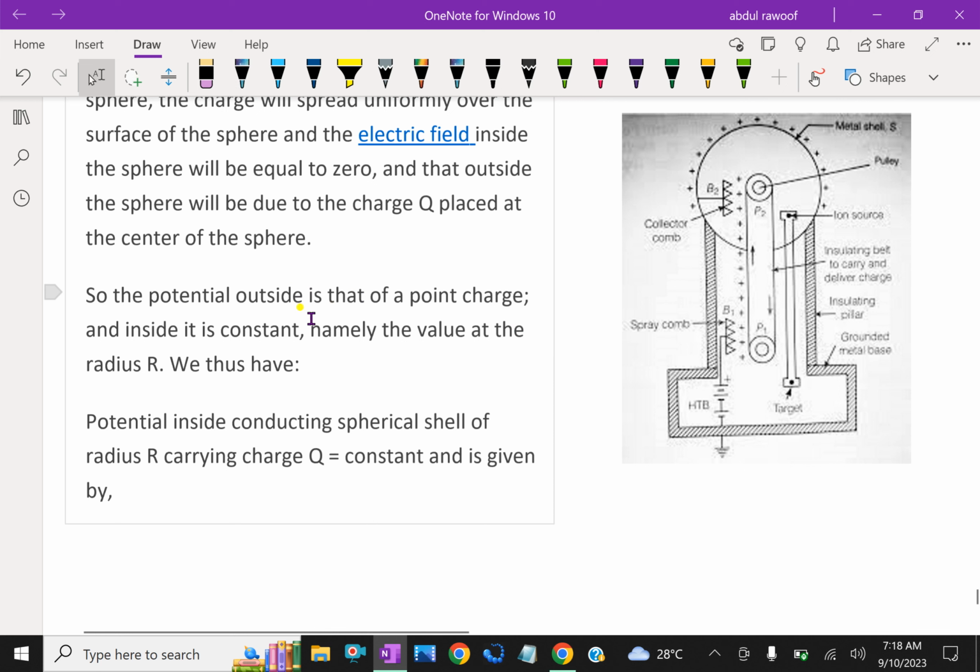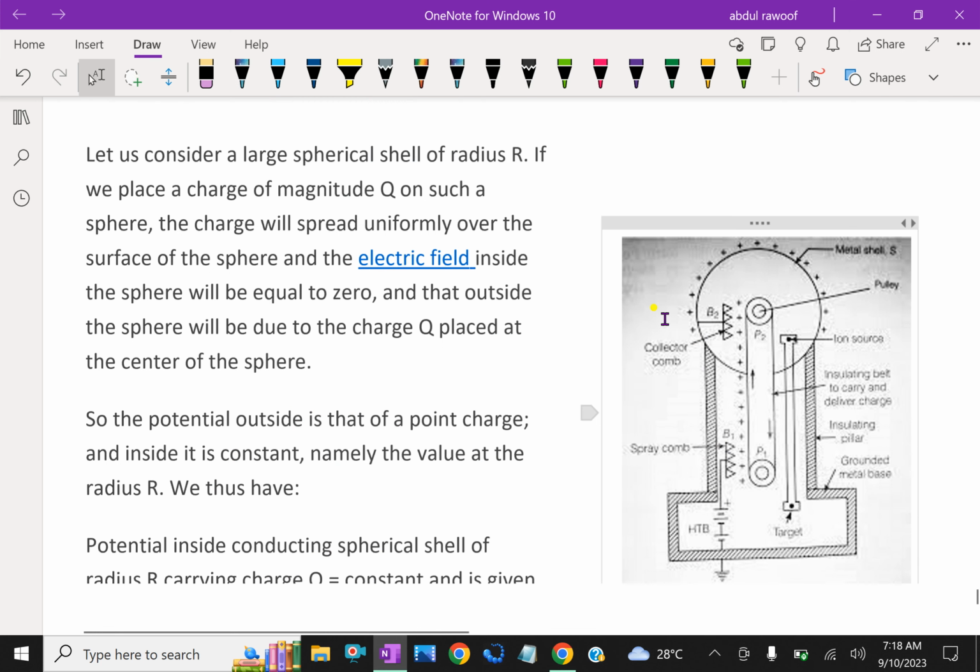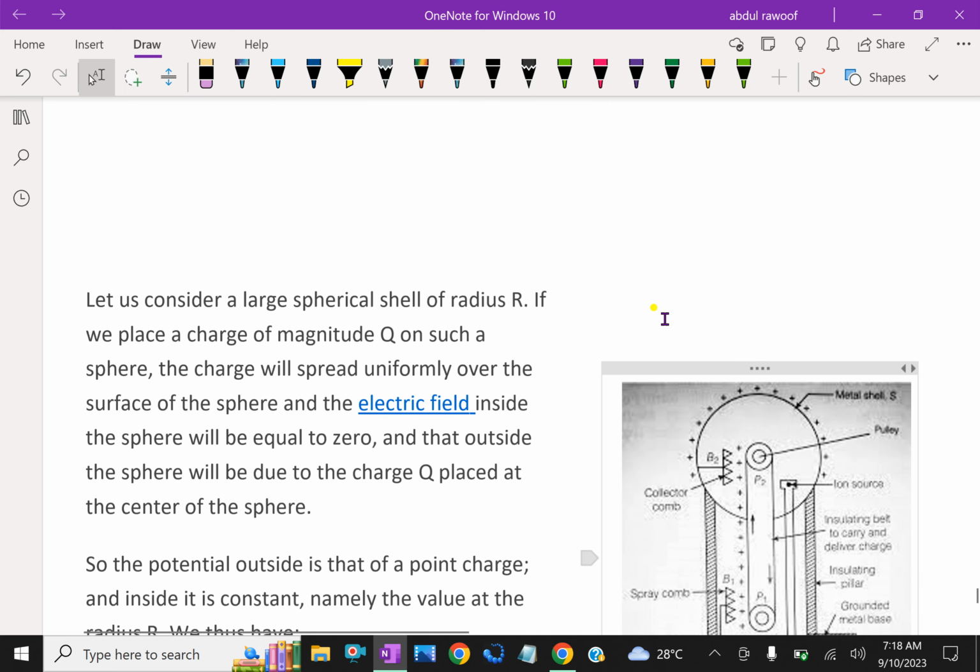So the potential outside is that of the point charge, and inside it is constant, namely the value at the radius r. We thus have the potential inside a conducting spherical shell of radius r carrying charge q, which is constant and is given by some formulas. That is E equals q over 4 pi epsilon 0 d square.